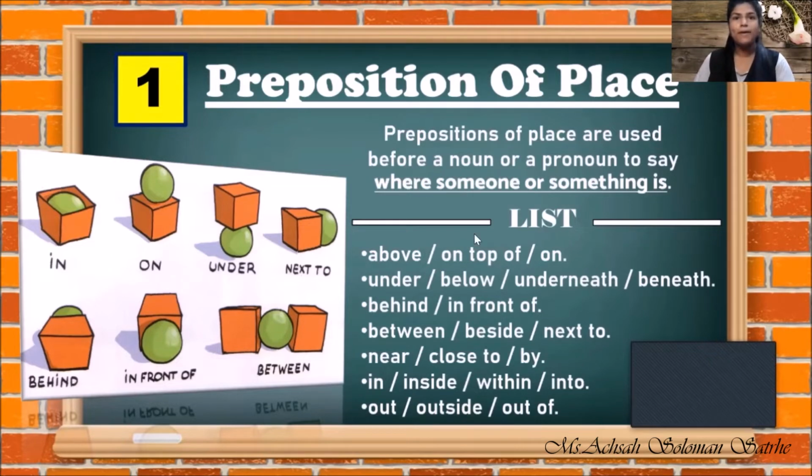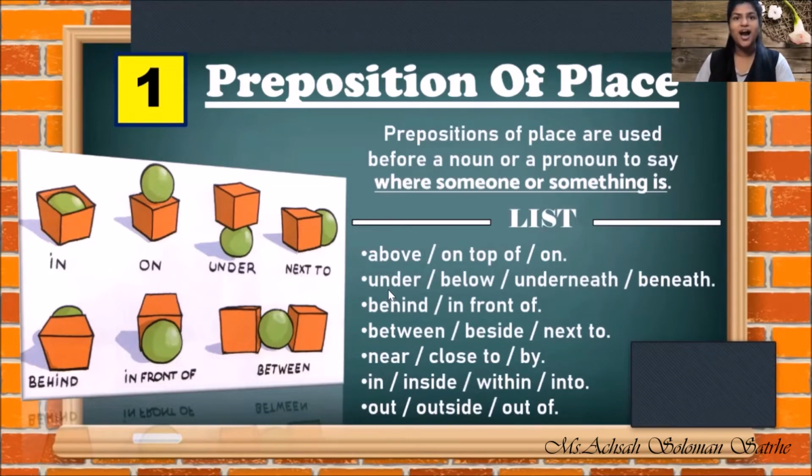Above, on top of, on, under, below, underneath, beneath, behind, in front of, between, beside, next to, which also means the same, near, close by, in, inside, within, into, out, outside, out of.